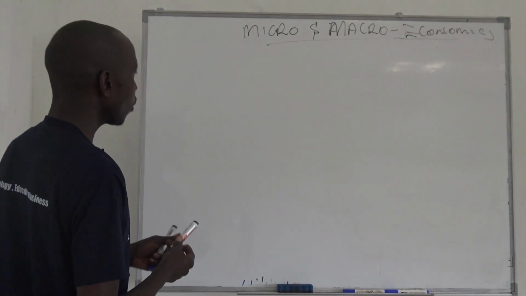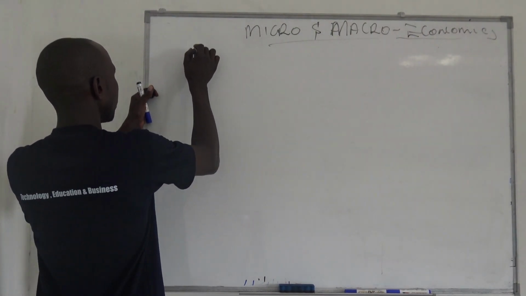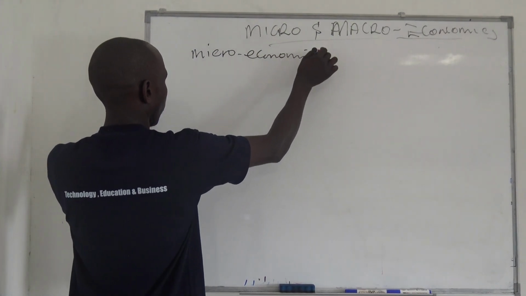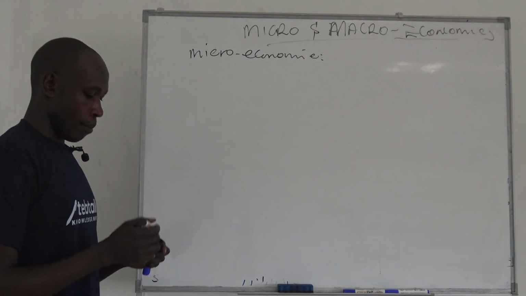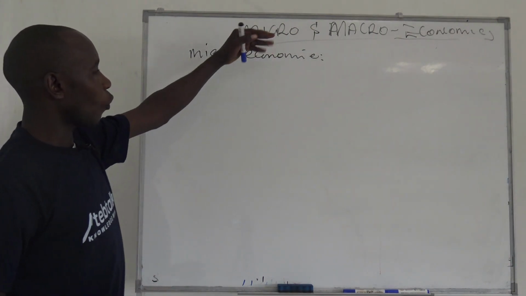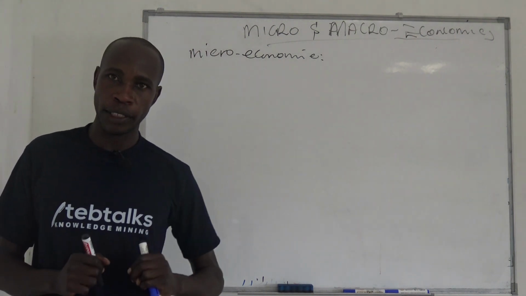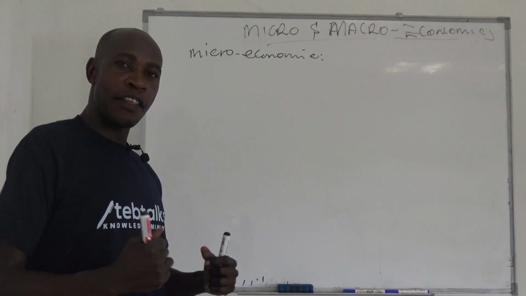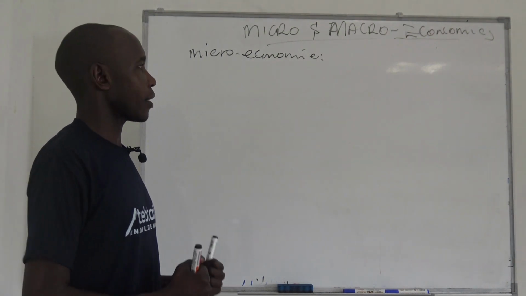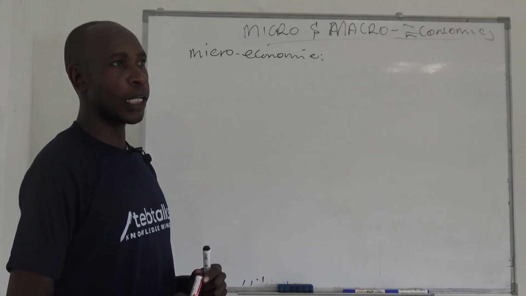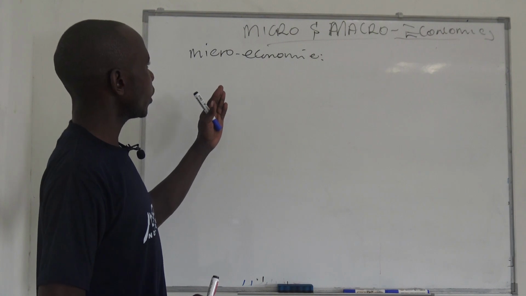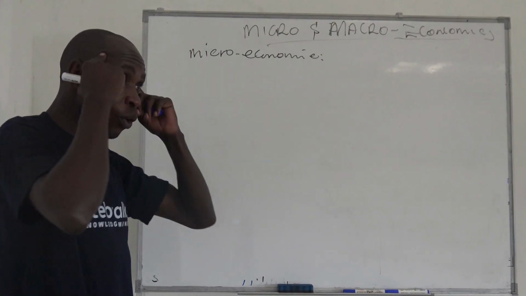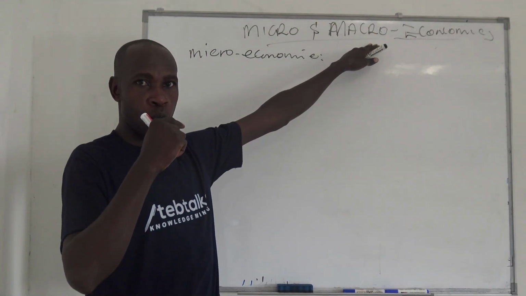So when you're talking about microeconomics, by the way, we call these two branches of economics. Or these are the basics of our economics alongside price. Because in the studies, either we study micro or we study macro economics.